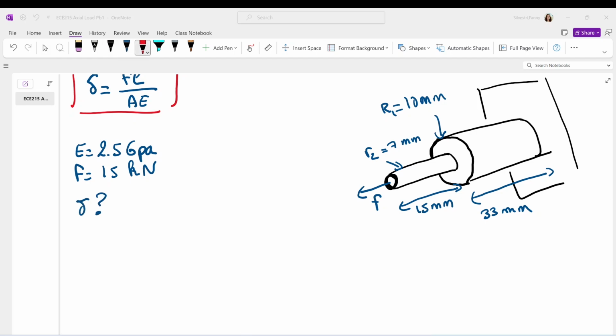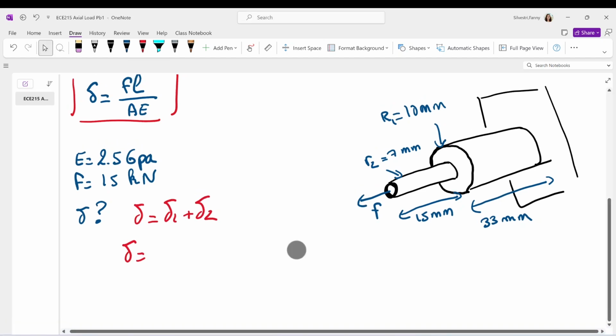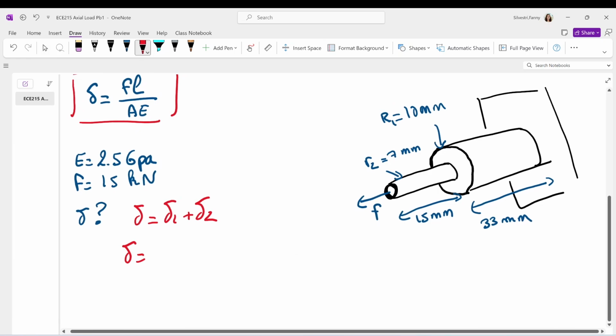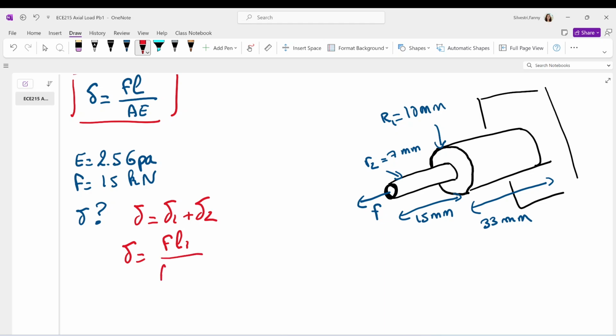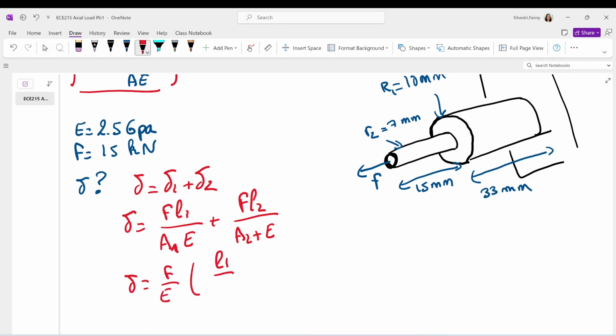We have the formula: delta will be delta 1 plus delta 2. So delta 1 will be the force times L1 divided by the area A1 times E, because E is the same, plus the force times L2 divided by A2 times E. If we want, we can factorize and write F divided by E times L1 divided by A1 plus L2 divided by A2.